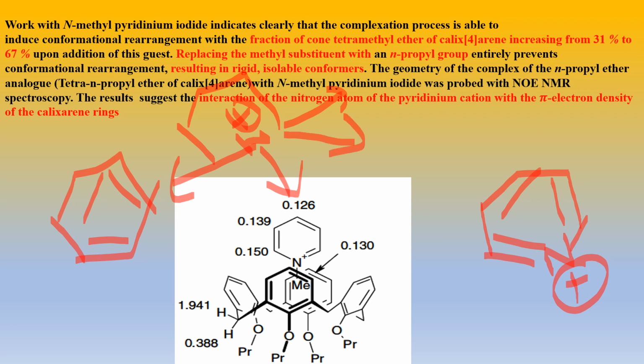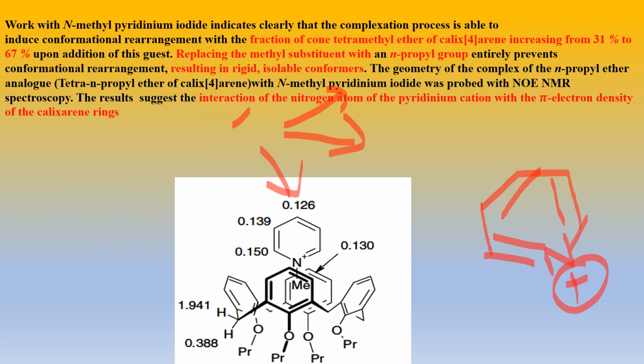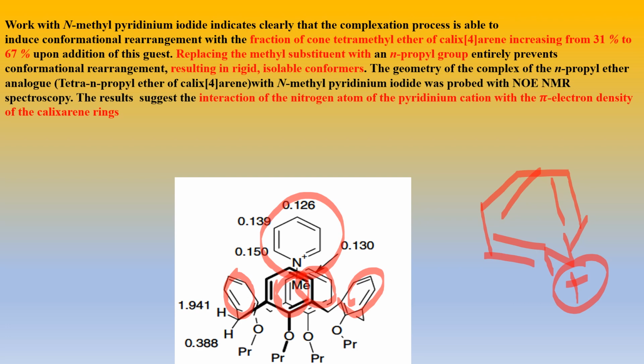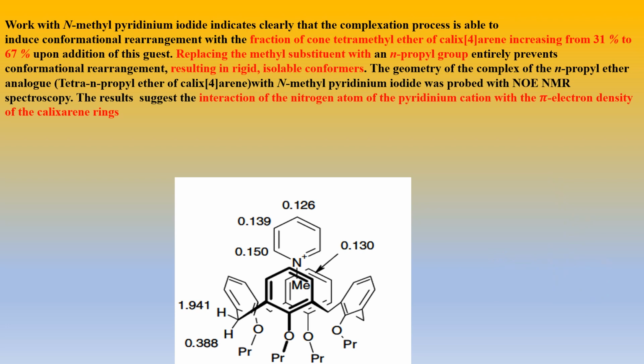So now what happens, due to this the 4 aromatic rings will be orienting in the upper rim, so here you can see these 4 aromatic rings will effectively bind the pyridine ring through cation pi interaction. So due to this there will be an increase in the percentage of the cone like arrangement.